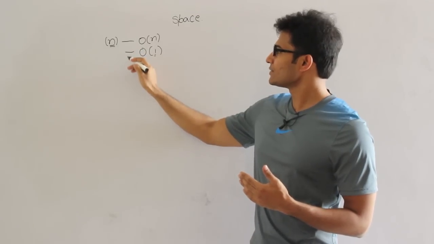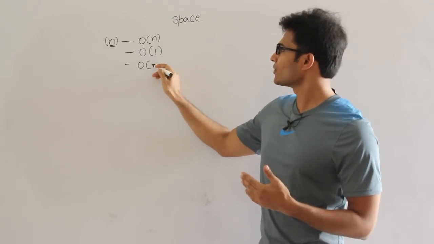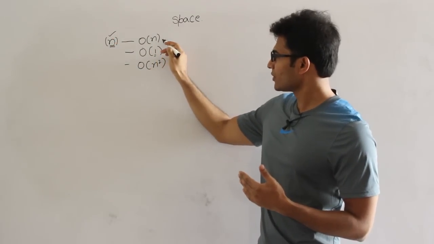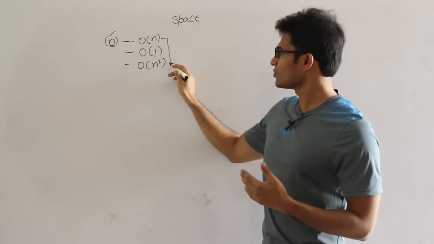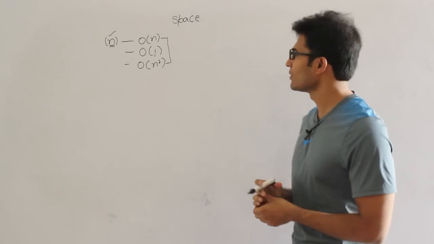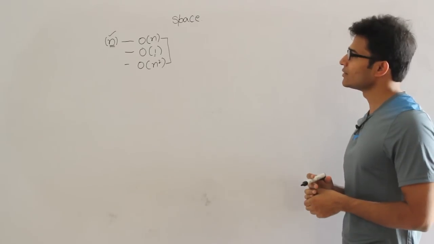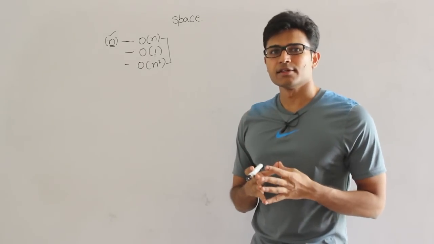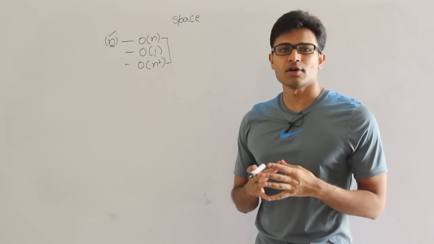Or if the input size is n, do you need order of n square space? Depending on the size of the input, what is the total space required to solve the algorithm? Given any algorithm, there is always a trade-off.